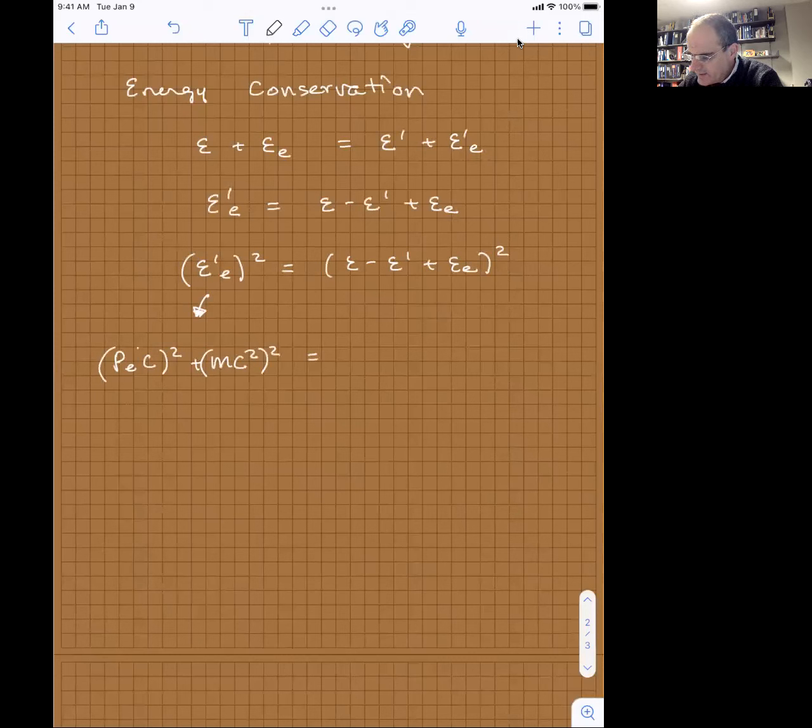And this is equal to E minus E prime plus the initial energy of the electron, which was mc squared as well. And so we have (P_e c) squared is equal to this.